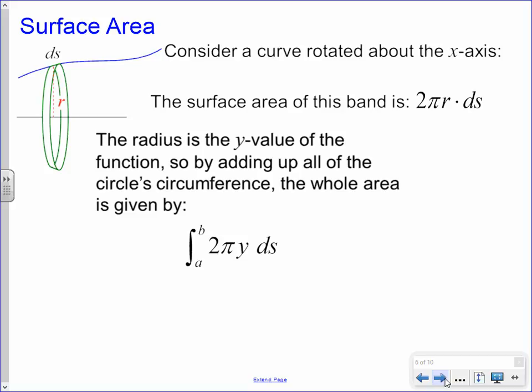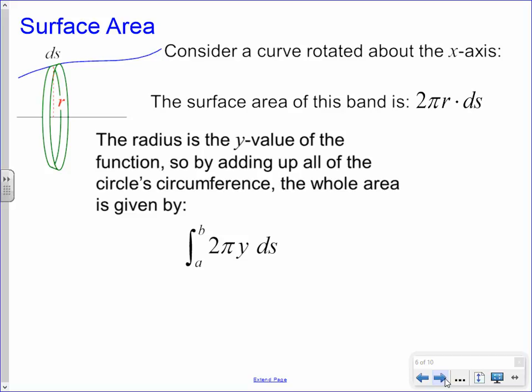If I take a little chunk and rotate it around, and I'm talking about the surface area, its distance around is the circumference, 2 pi r, and then it has thickness ds.